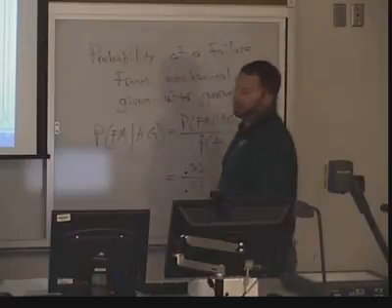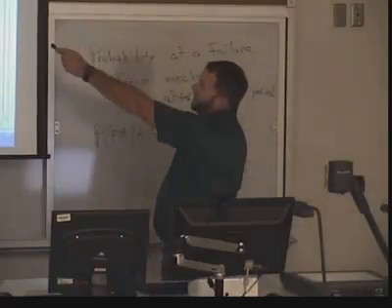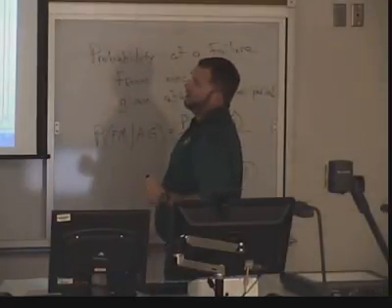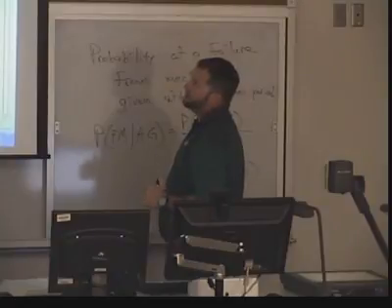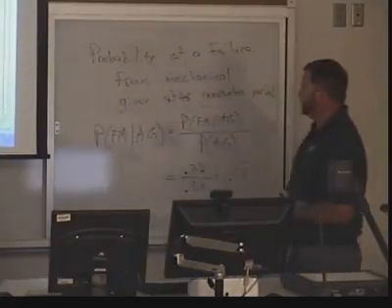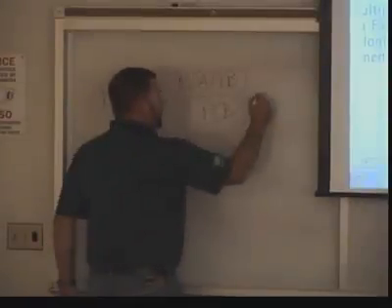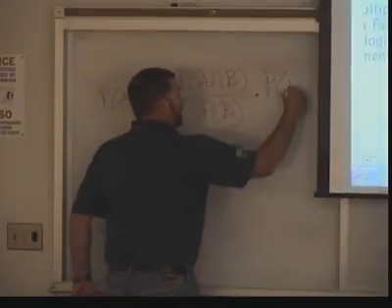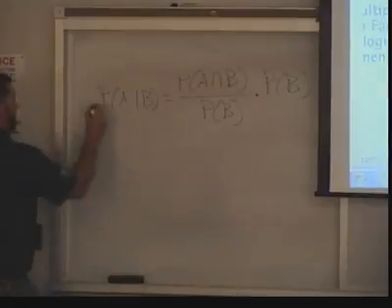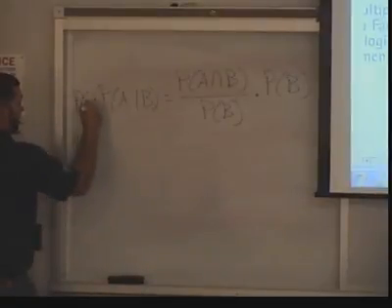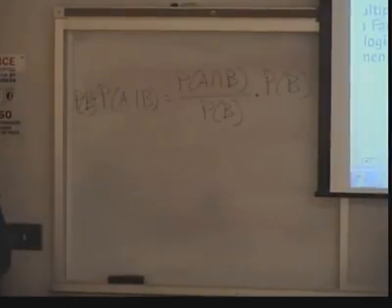Multiplicative rule of probability: the probability of A intersect B is equal to the probability of A times the probability of B given A. So all they're doing right there is taking the general formula and multiplying both sides by P of B, by the probability of B happening. Everybody see what's going on there?